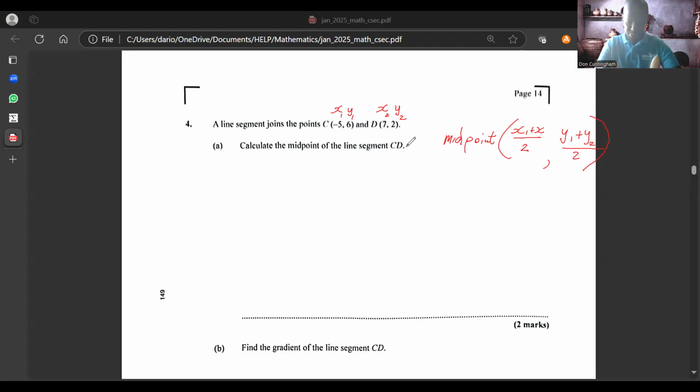Yedaya, correct. Don't forget your brackets, but that's correct. Garcia, that's correct. Kiara, that's correct.